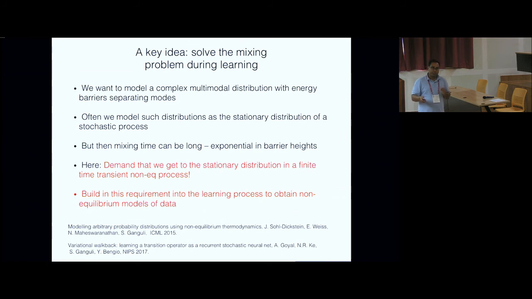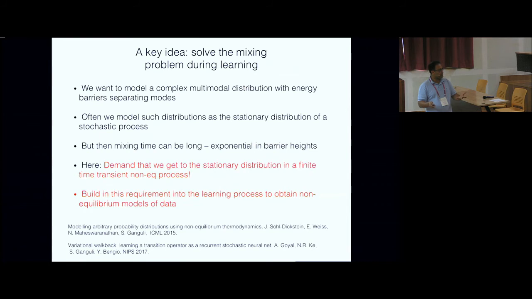We build this in because we're starting from a Gaussian, and in finite time we're trying to get to the data distribution. We build this requirement into the learning process to obtain non-equilibrium models of data.